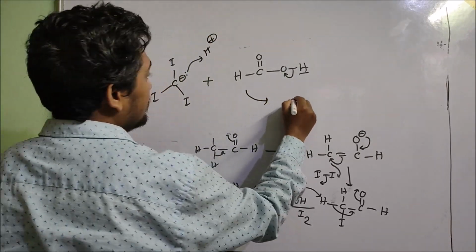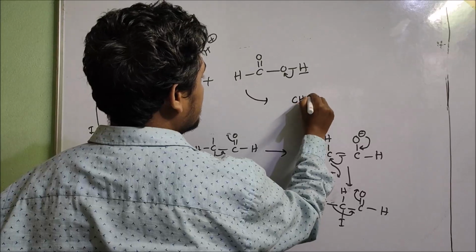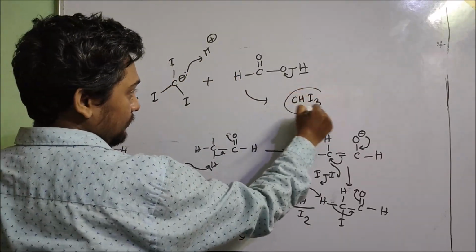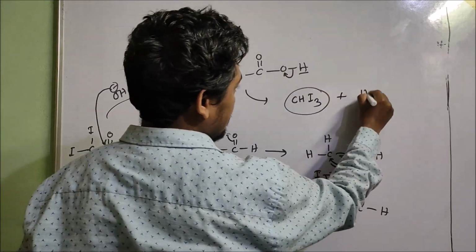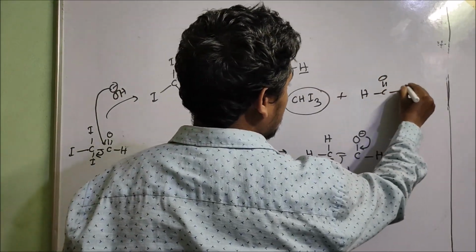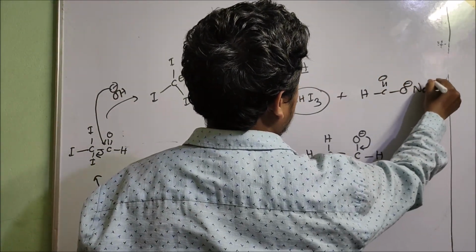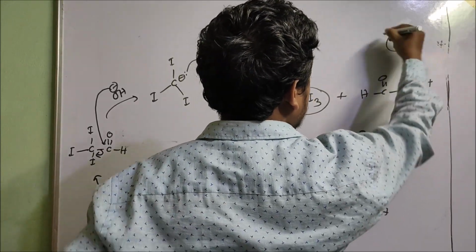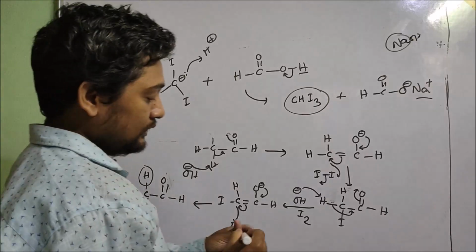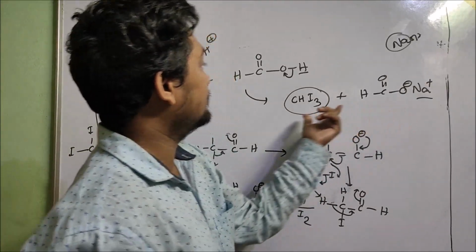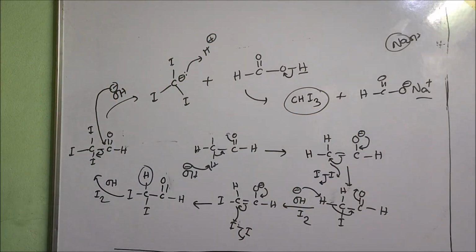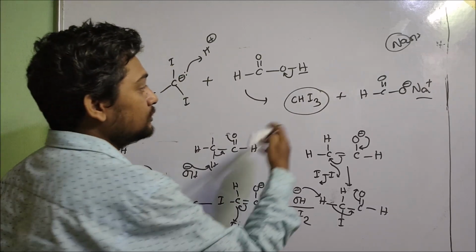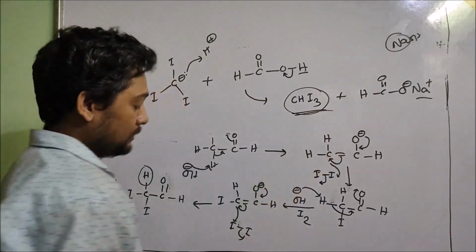The product will be CHI3, which is iodoform, plus HCOO negative, and there will be sodium plus from NaOH. So this is the sodium salt of carboxylic acid, and this is the iodoform. This is the mechanism of how the keto-methyl group converts into the iodoform compound.